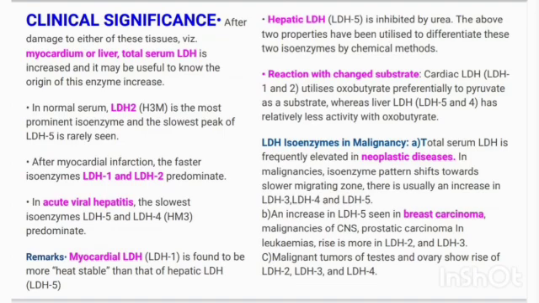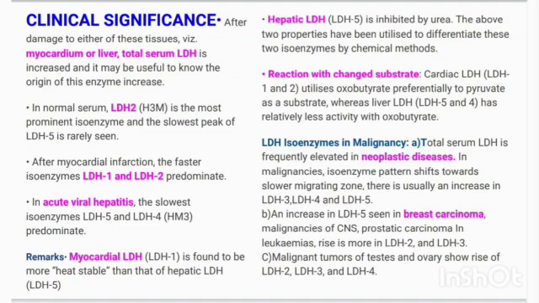So LDH is also used in diagnosing malignancy. Total serum lactate dehydrogenase is frequently elevated in neoplastic diseases. In malignancies, isoenzyme patterns shift towards the slower migrating zone. There is usually an increase in LDH3, LDH4 and LDH5. So in neoplastic diseases, there is an elevation in LDH3, 4 and 5.